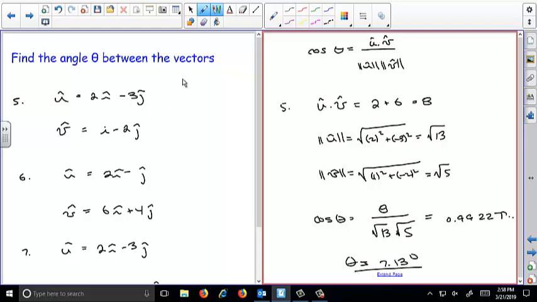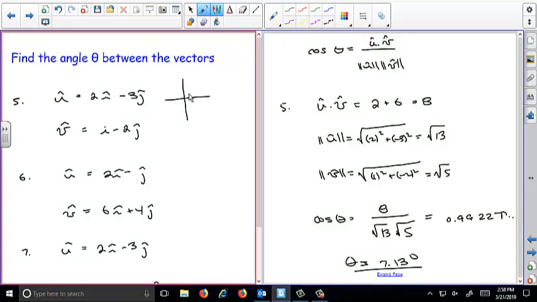And if you look at what these vectors look like, here you go, 1, 2, 3, 1, 2, 3. So this vector is 1, negative 2, something like that, and the other one is 2, negative 3, which is going to be something like that. So I expected a small angle, and it was a small angle.